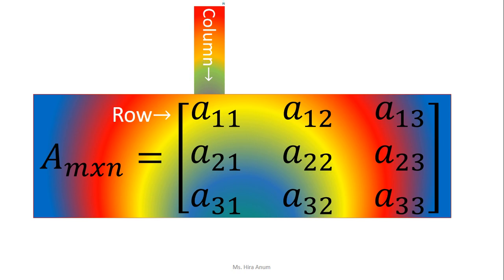You can see this is column, this is rows, and M cross N. Here M1 is row 1 and column 1, M1 N2 is row 1 column 2, M2 N1 becomes row 2 column 1. This is according to the order of rows and columns.